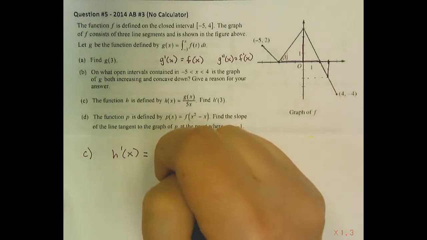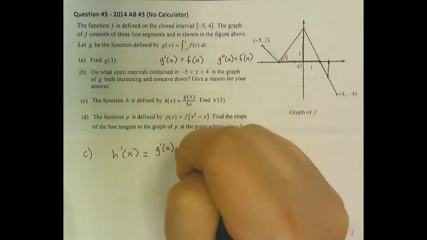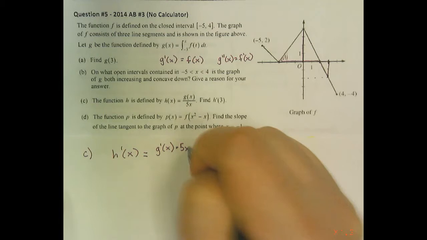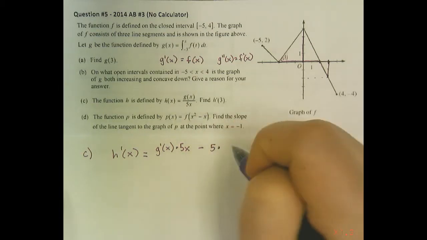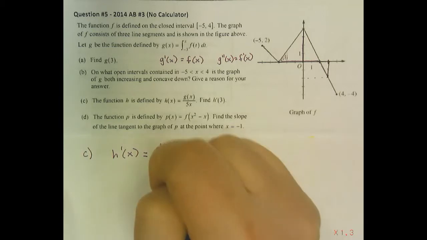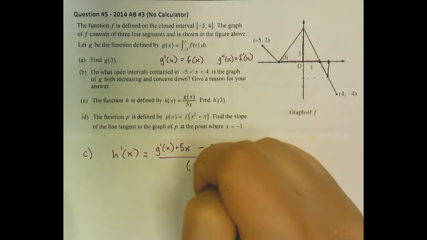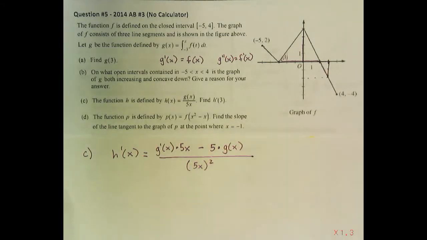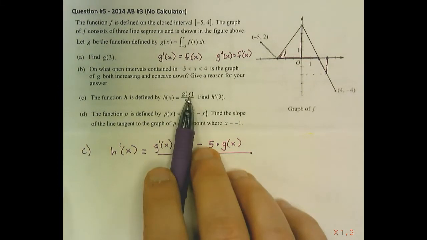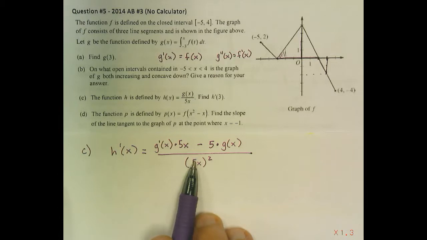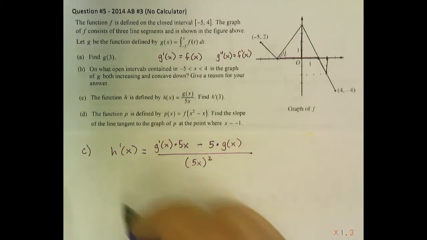So the derivative of the top times the bottom minus the derivative of the bottom times the top, all over the bottom squared. So there's our general derivative doing symbolic differentiation on this equation. And now we want to evaluate it at 3.